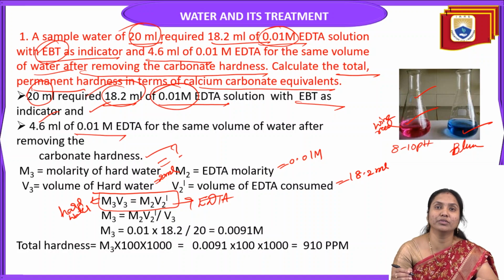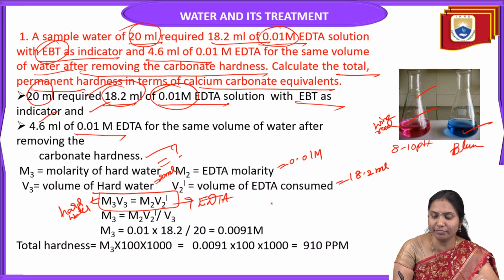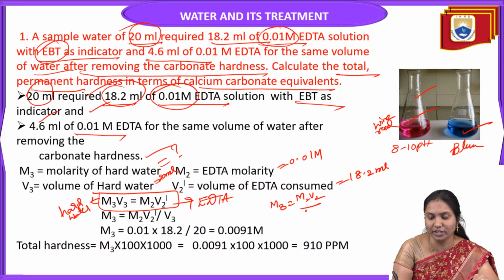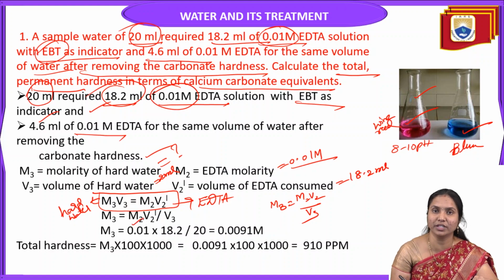Now we can substitute all the values in this formula. We have to find M3, so M3 equals M2V2 by V3. M2 is the molarity of EDTA, 0.01, and V2 is the volume of EDTA, 18.2, given in the data.